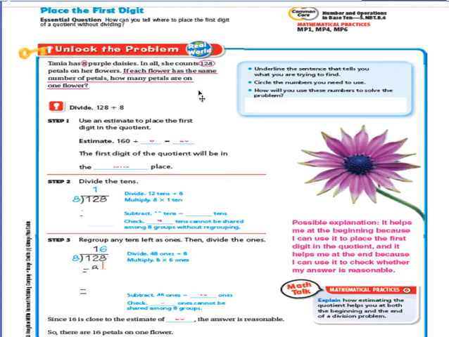So let's look at this, and it says first of all we're going to estimate. Use an estimation to estimate the place of the first digit in the column.